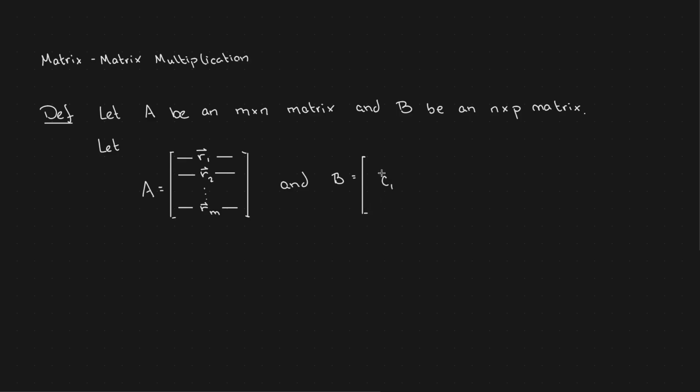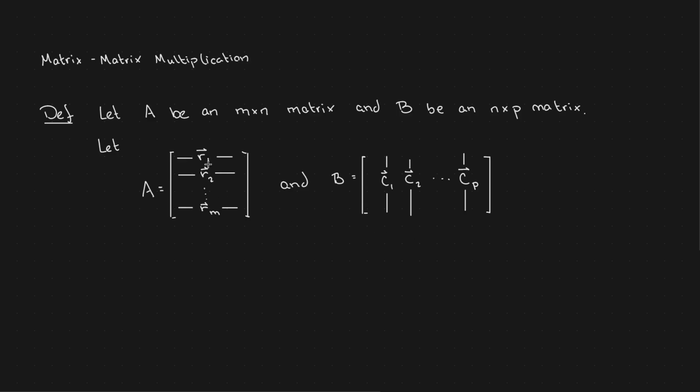Let's say the columns are C1, C2, all the way to CP. And we know it has p columns because it's an n by p matrix, p columns.